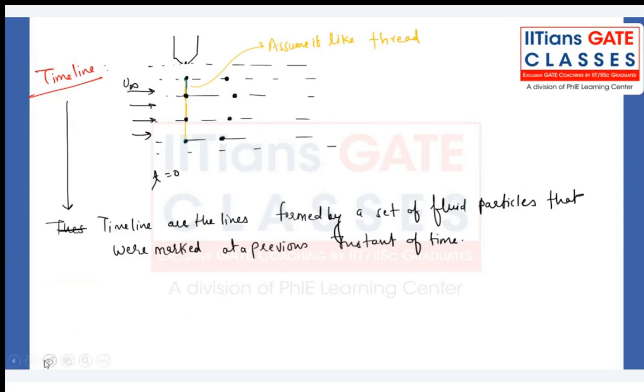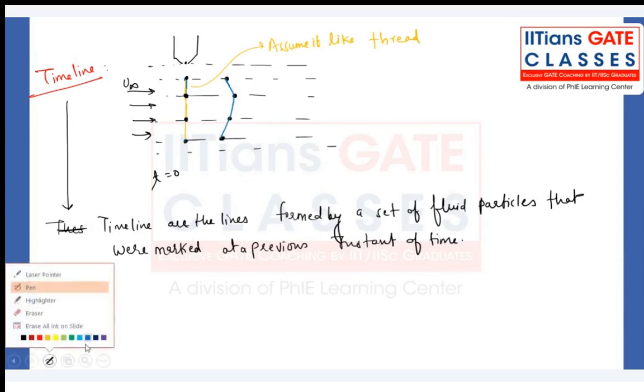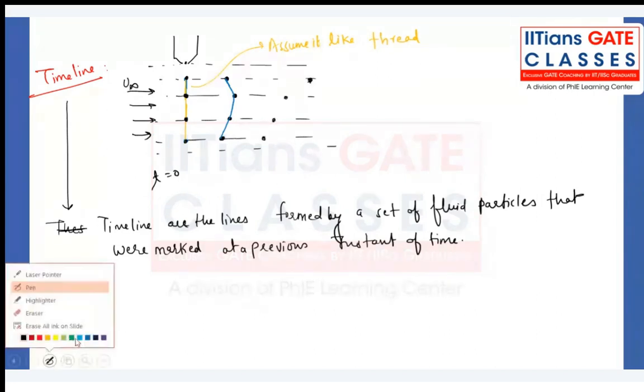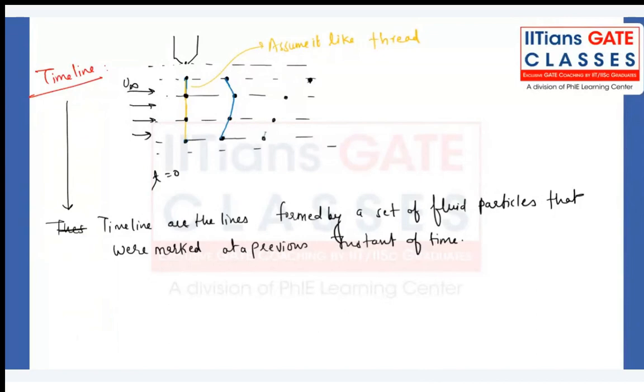When they have been displaced, what will be my thread? The thread will look like this. Further, what will happen at some given instant of time? My particles will be something like this, and if I join through this thread, I will get something like this.